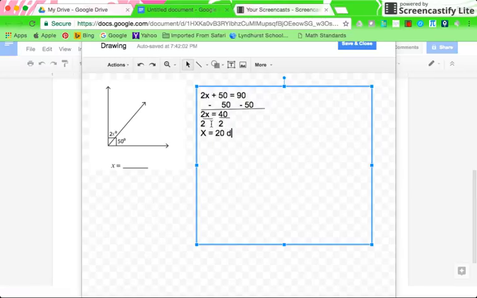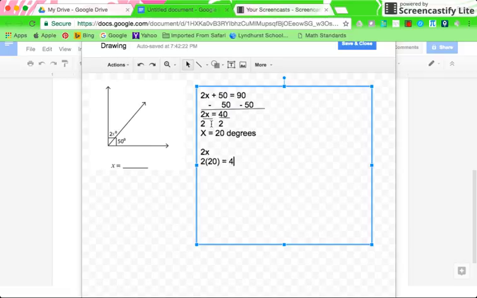So we're going to have 20 degrees, and that is known as my x. However, I would like you to go back to your angle measurement and find that exact measurement. Now, you may think it's 20, but we also have 50 degrees, and it happens to be 2x. So 2x is not just 20, it's 2 times 20 degrees.